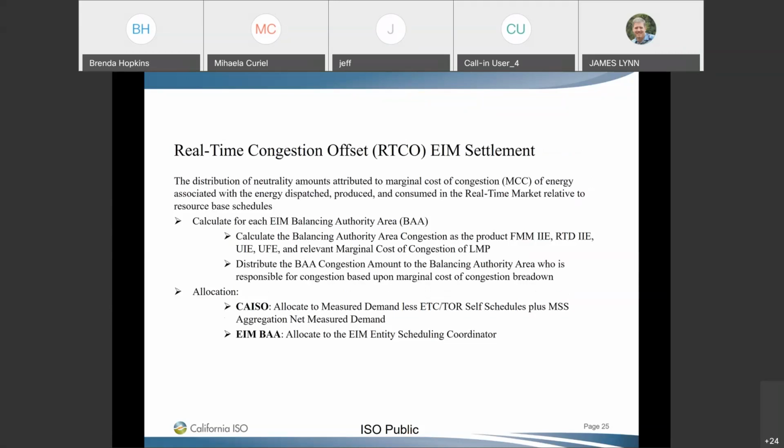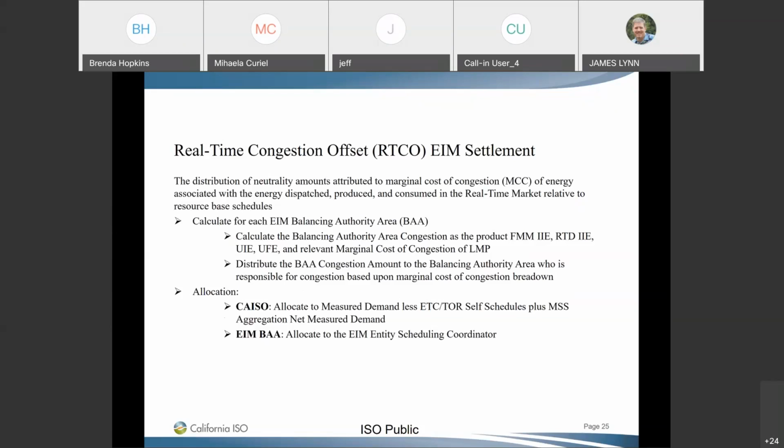And how I calculate that is, same with losses, I'll take my FMM IAE, RTD IAE, my balanced energy by the relevant total marginal cost of congestion. Okay? This tells me how much congestion neutrality is materializing in your balancing authority area.